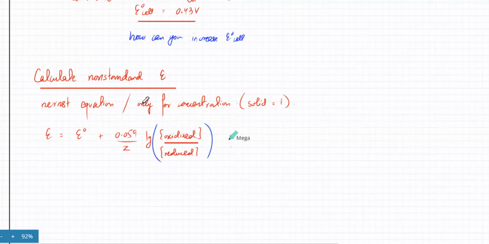And its concentration. So remember, log is just, you know what log is? Are you familiar with it? Yes. Z is so I just clarify a few things. Z is the number of electrons that are in the equation.